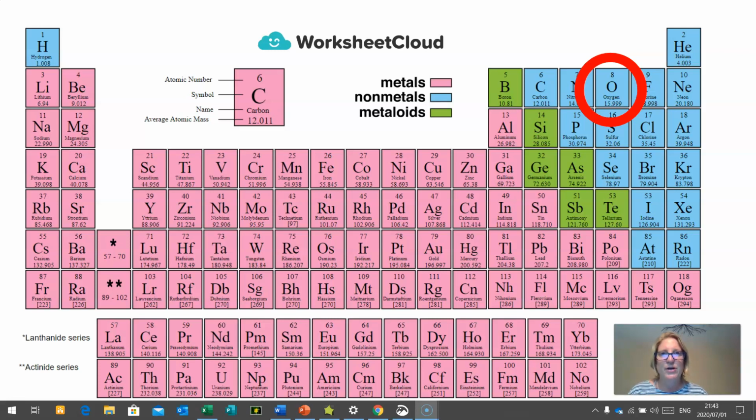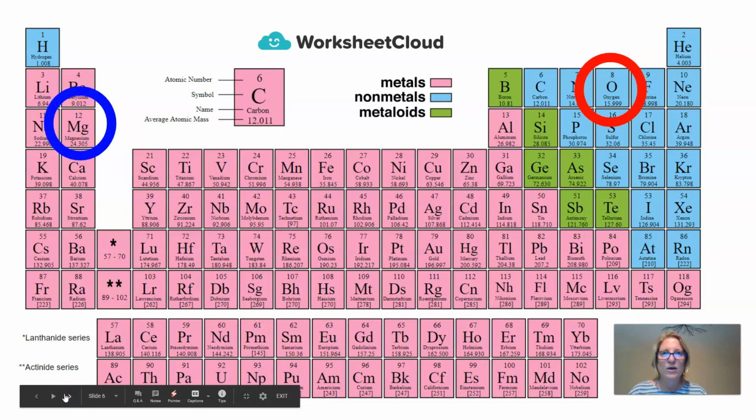So here we have the periodic table, and we are going to be having a look at metal oxides. So when we have a look at the word oxide, we are having a look at the element oxygen, which you can see is placed here in the periodic table. And we'll also focus primarily today on magnesium, which you'll see on the periodic table is colored pink, which means it's a non-metal.